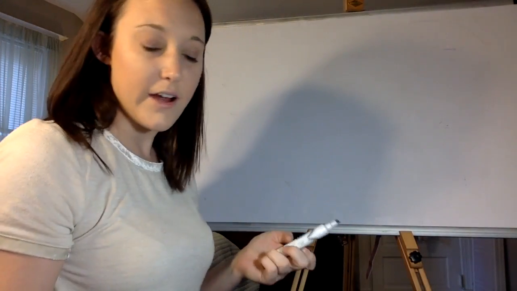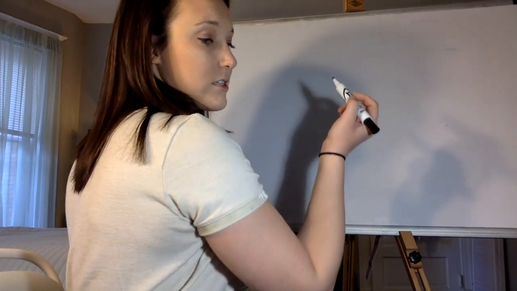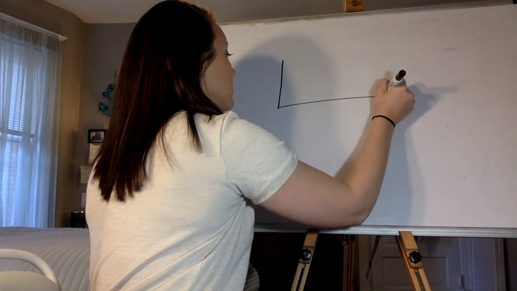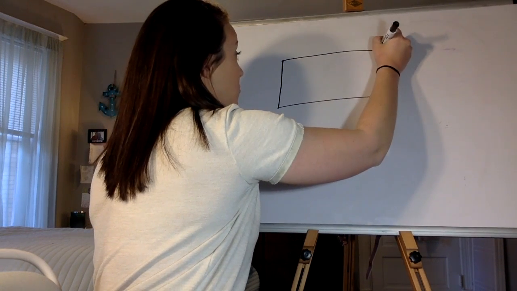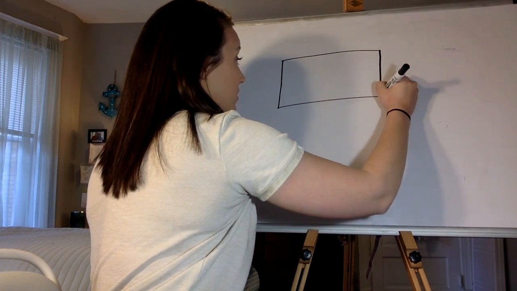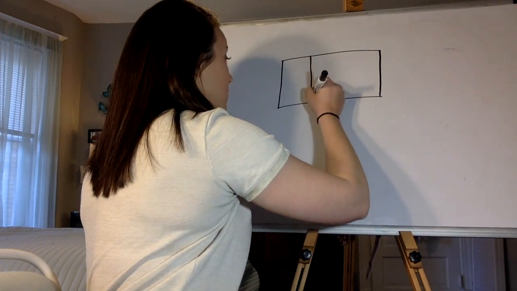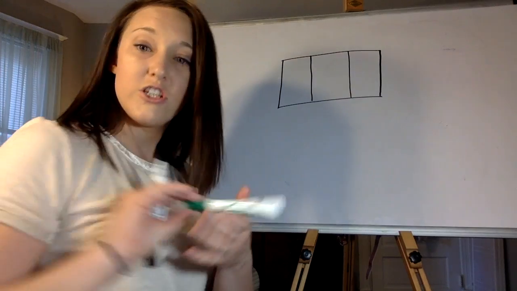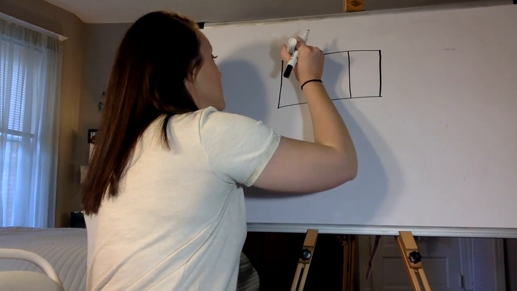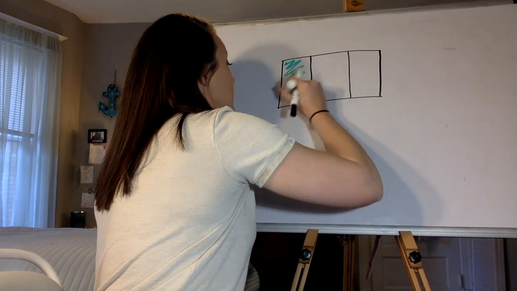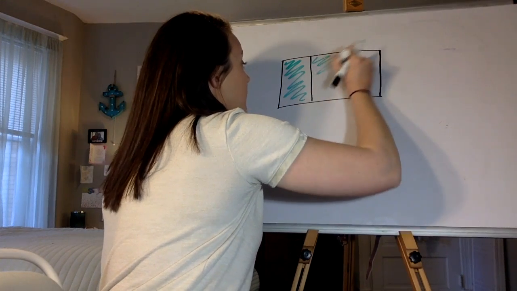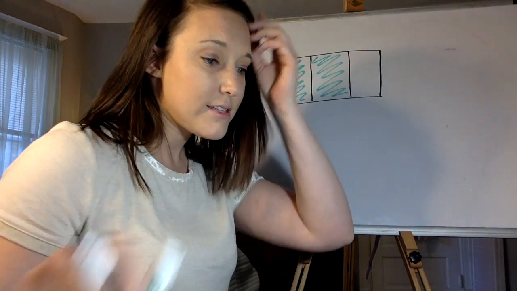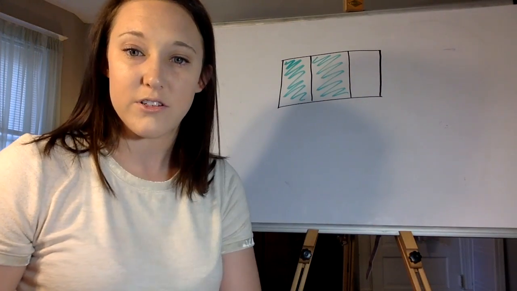Okay, we have a rectangle, and it looks like it already has 2 squares, or 2 equal shares shaded in. We got 1, 2, and I'll go ahead and shade those in so mine looks like yours. And it looks like we have these 2 shaded in.